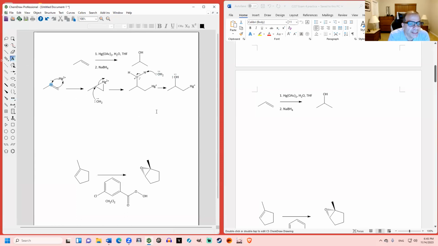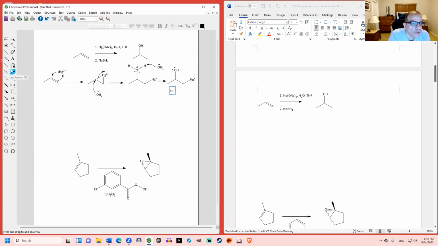And then in the last step of the mechanism, we have a hydride ion that comes from the sodium borohydride, NaBH4. So you just draw the hydride ion in, and you show the hydride ion attacking the carbon that has the mercury on it.